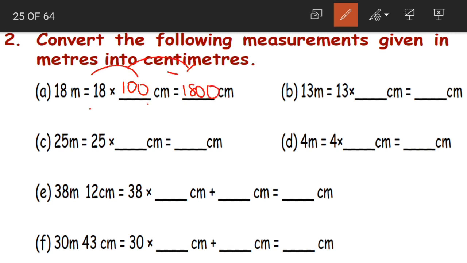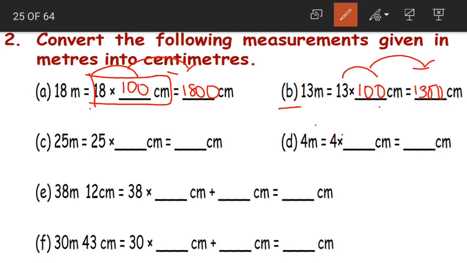We'll get 1800. Now this step is new here. Normally in fill in the blanks we did not get this step, but here we are having it. Coming to question B, 13 meters is equal to, again 13 to be multiplied by 100. 13 into 100 is 1300 centimeters.